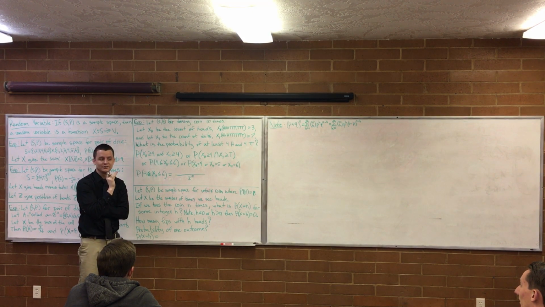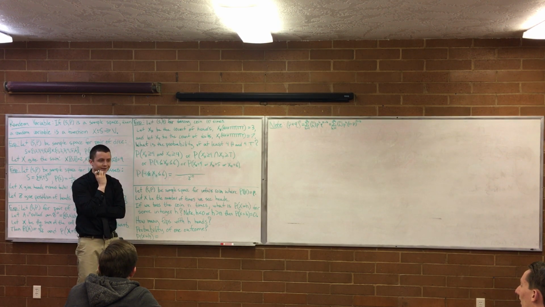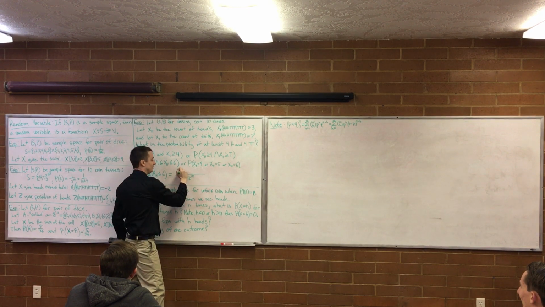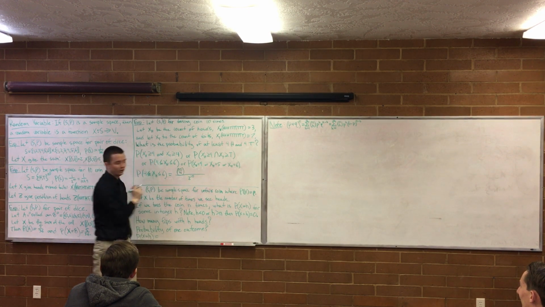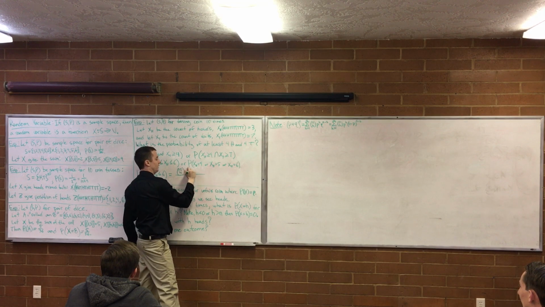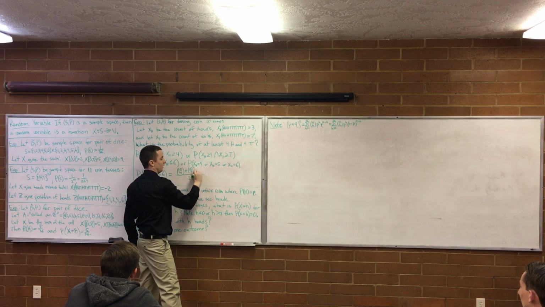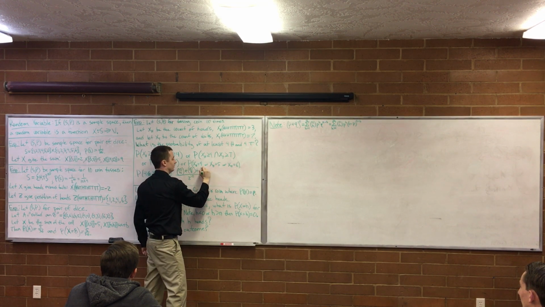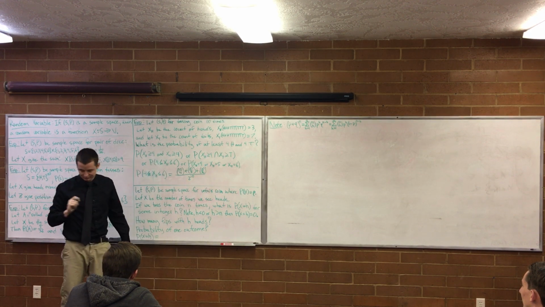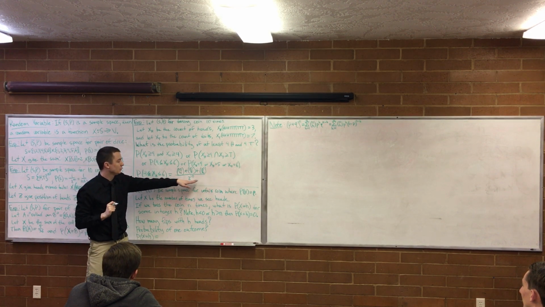I've got 10 flips. I need to choose 4 of them to be heads. Okay, I guess, yeah, that makes sense. 10 choose 4. That's how many will have exactly 4 heads. Plus 10 choose 5 will be how many have exactly 5 heads. Plus 10 choose 6 will be how many have exactly 6 heads. And they're all equally likely, so just divide over this.